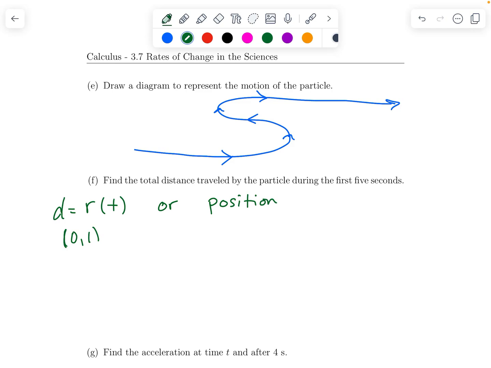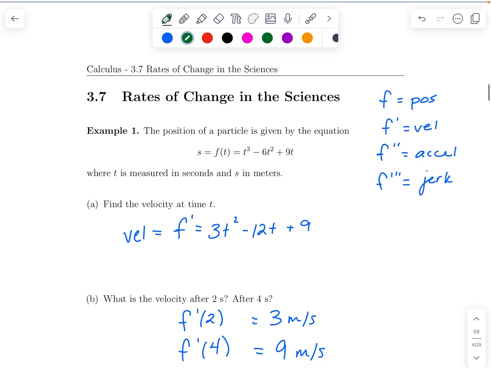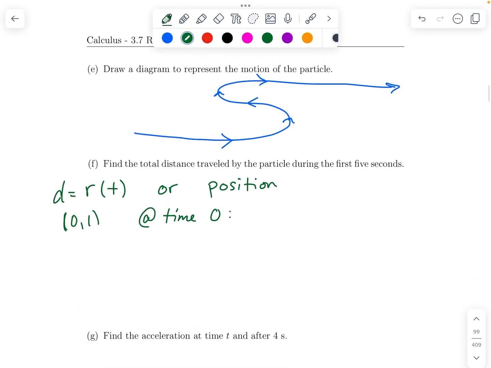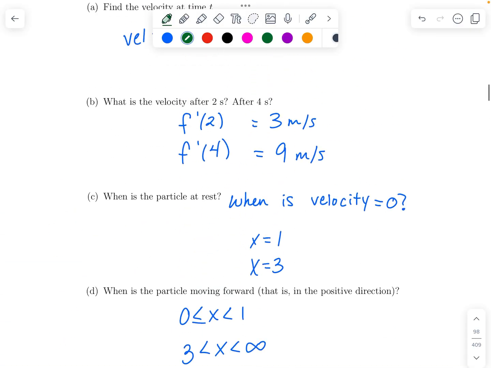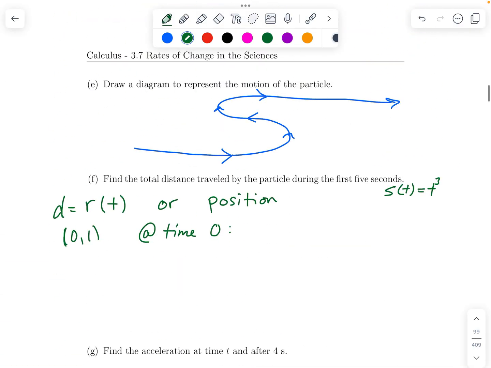So from time 0 to time 1, we're moving forward. At time 0, if my s of t is t cubed minus 6t squared plus 9t, at time 0, I'm at 0.